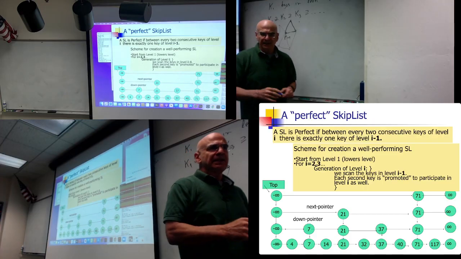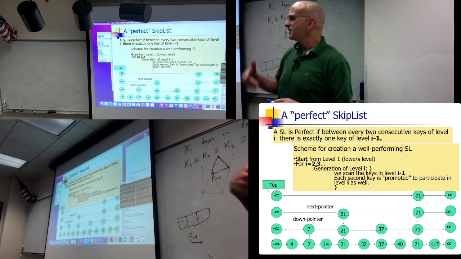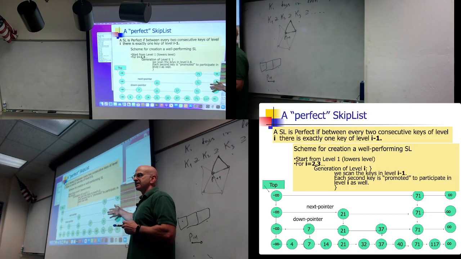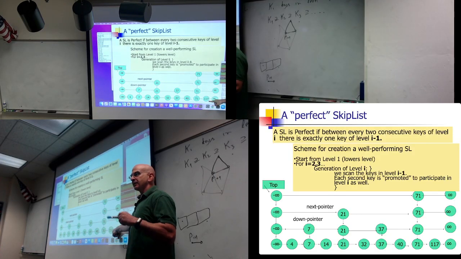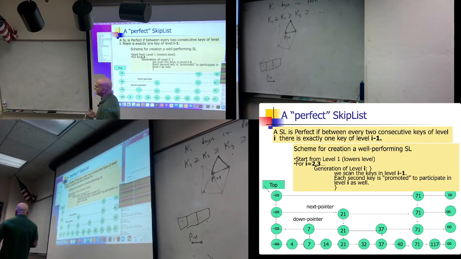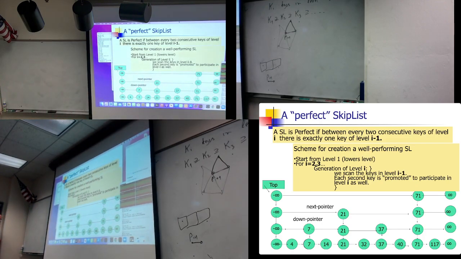And everything is deterministic. It's worth mentioning the perfect skip list because there is a question about it in the homework, homework overachieving 3.